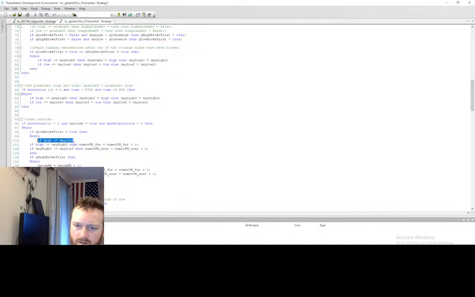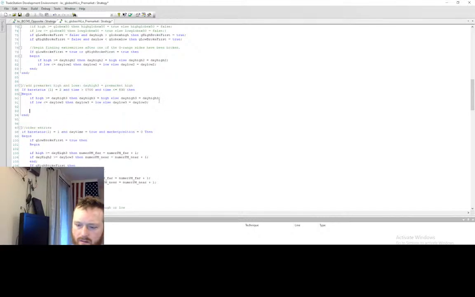So essentially, we want to set a limit order between day high 3. Let's say this. Hold on. Day high 3, so the pre-market high minus pre-market low.